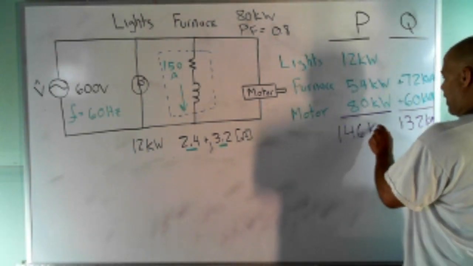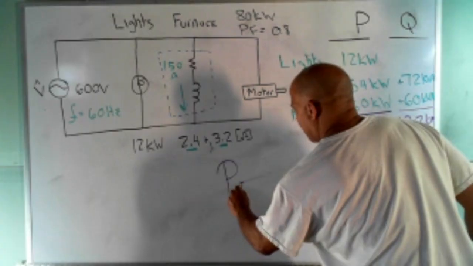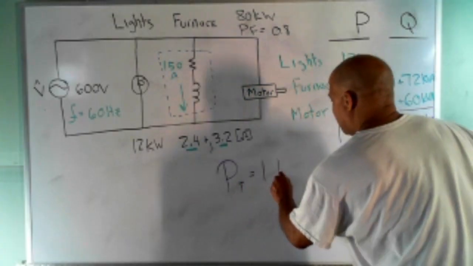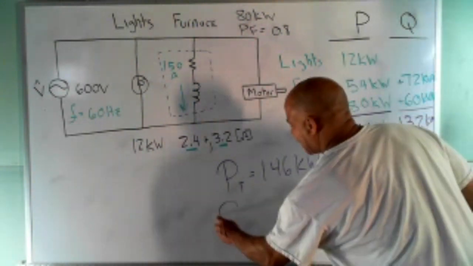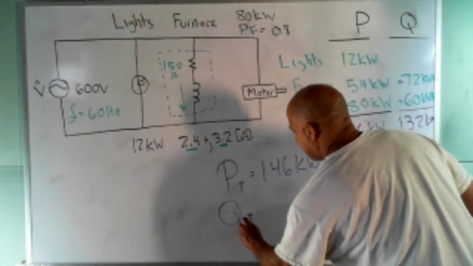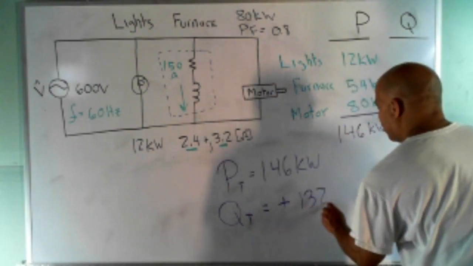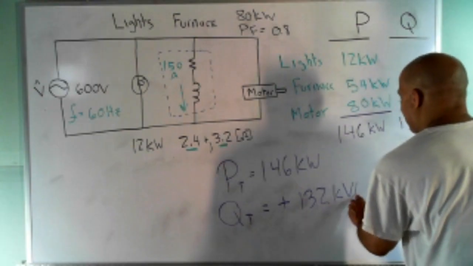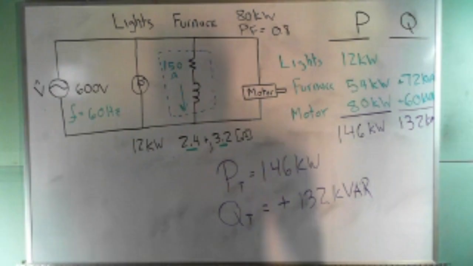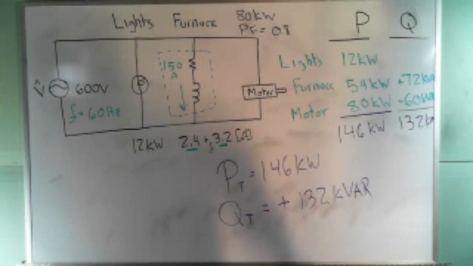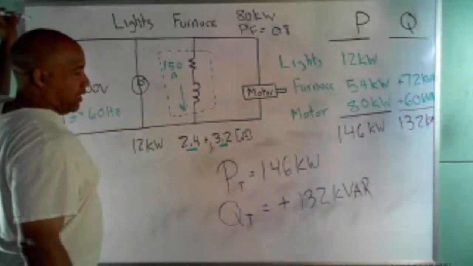146 kilowatts. So our total power, 146 kilowatts, and our total reactive power is a plus 132 kVAR. That's what we got. So that's question number 1, or letter A. So I'm going to put that off over here because we're going to need that again.